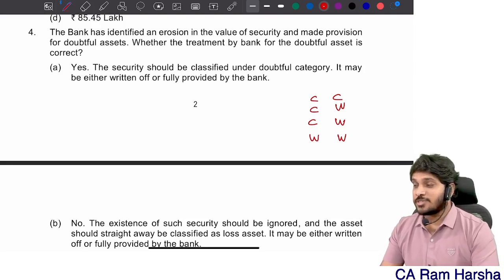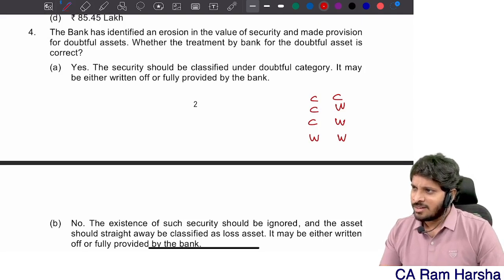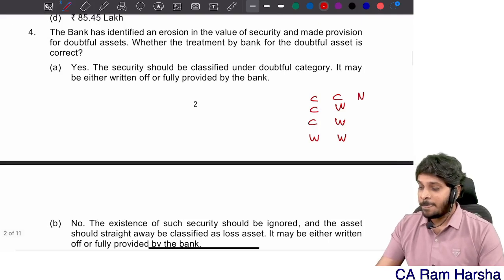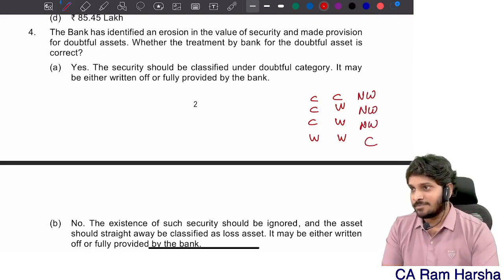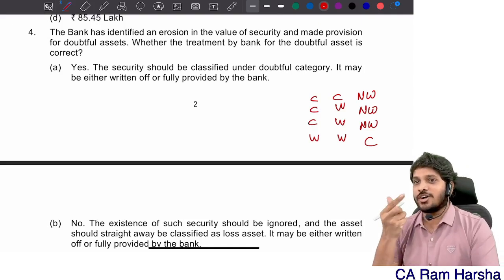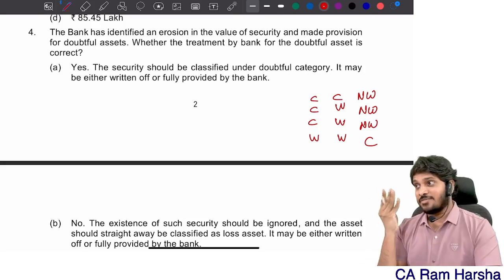Sometimes you might have felt this: all the answers appear correct only. Yes or no? At that time how you should solve: not wrong, correct. You're getting it? Not wrong. Not wrong means what? It's also right.